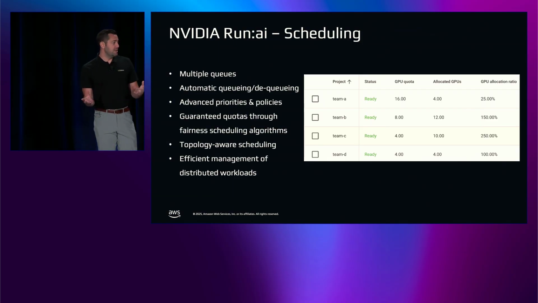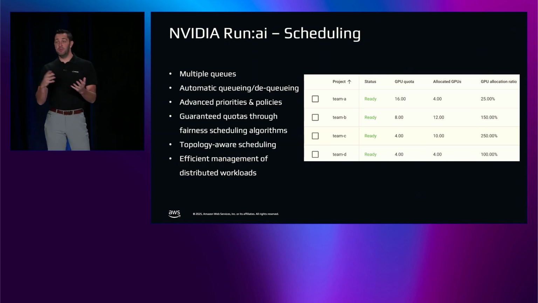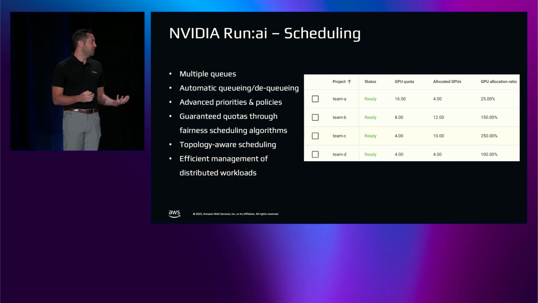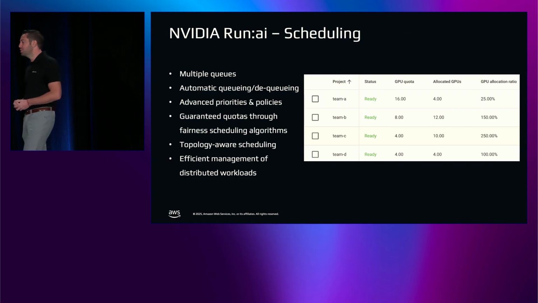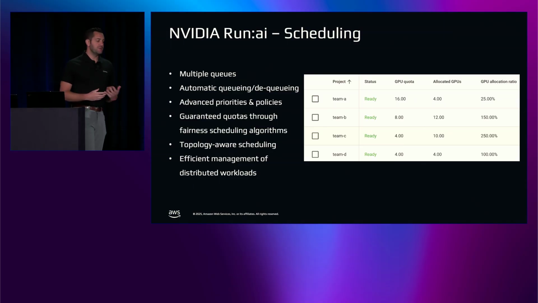So the core of what we did is we took a lot of those concepts from HPC, including multiple queues, queuing and dequeuing, preemption and reclamation, right? And we built a purpose-built scheduler within Kubernetes that aligned with the AI lifecycle and was a better fit for scheduling GPU workloads. So the core of how this operates, I mentioned guaranteed quotas a few times.